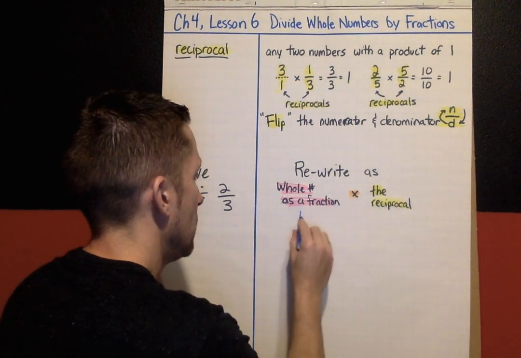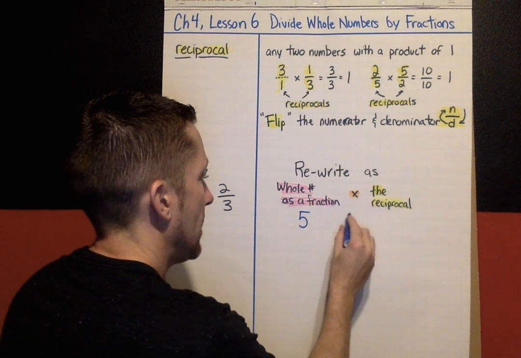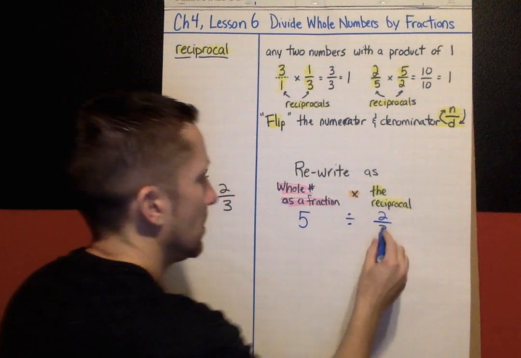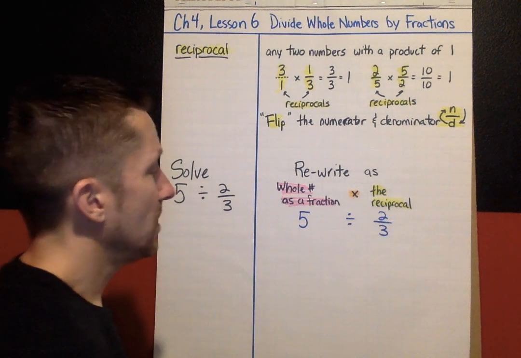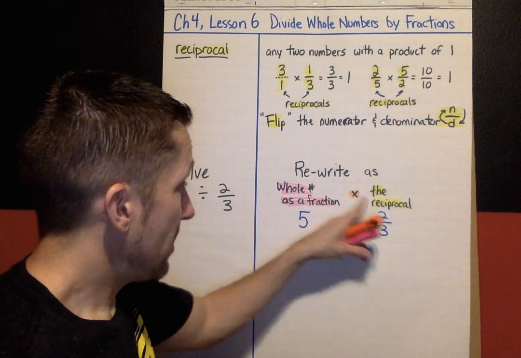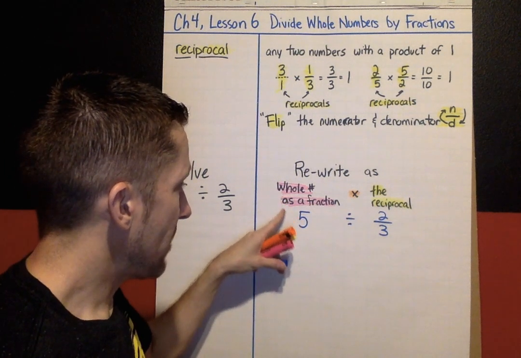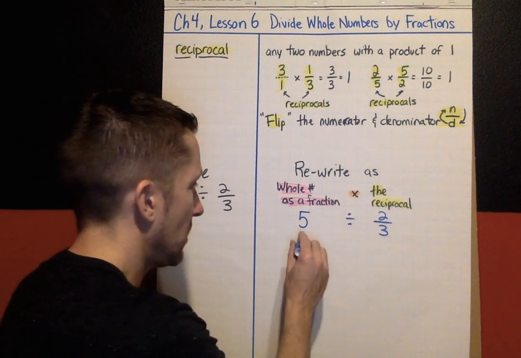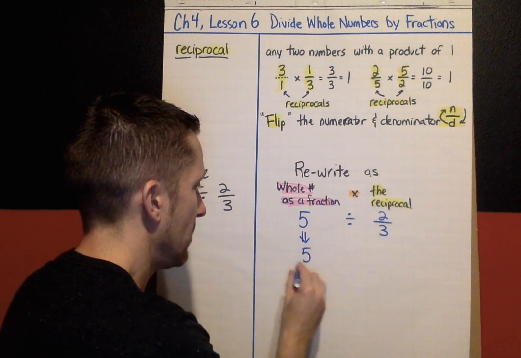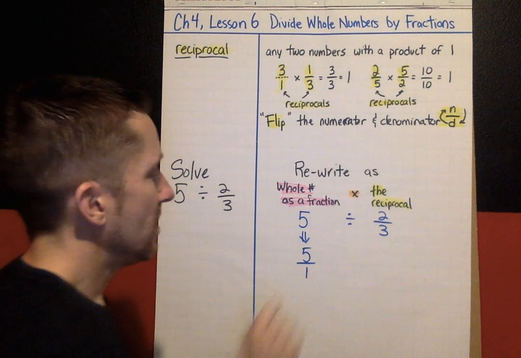5 divided by 2/3. Here's our example. So this is what you're going to do. You're going to follow this right here. The whole number you're going to rewrite as a fraction. So the whole number is going to become 5/1.